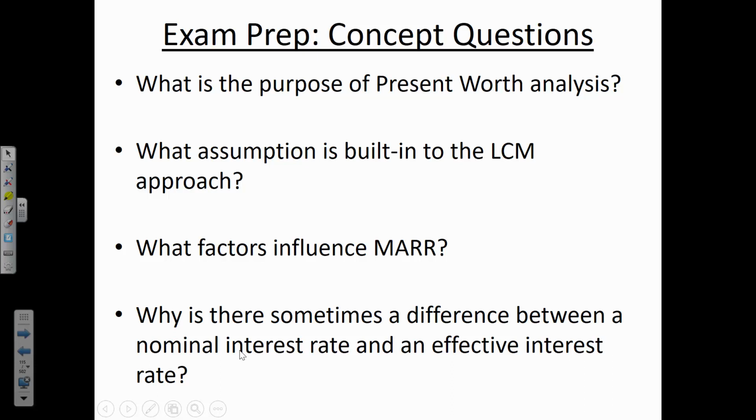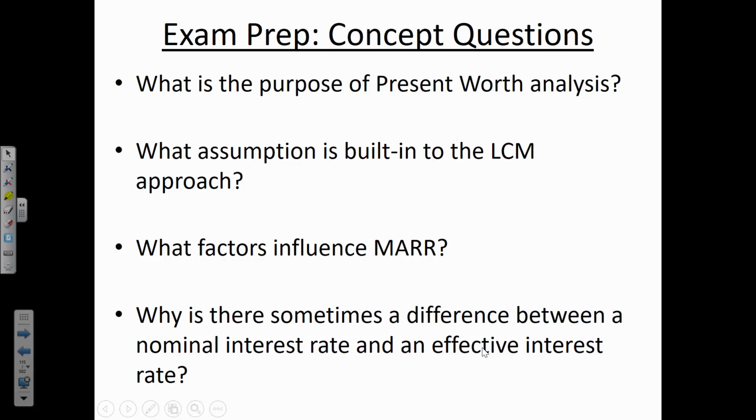Nominal interest and effective interest. All right, so the student who isn't really reading carefully would say nominal interest is blank and effective interest is blank. They would just define those two terms. But that's not what the question is asking. The question isn't asking define nominal and define effective.